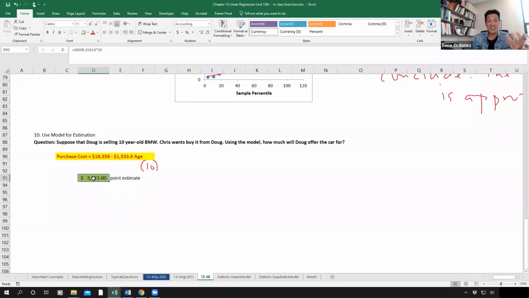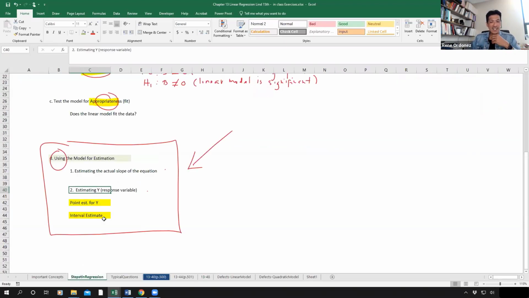All right, so this is called the point estimate. But the true range of value for Doug's car could be lower than 3,000 or higher than 3,000 because there are other variables that we're not considering here, right? Like maybe his car has some features that would add value to the car. So the other way of estimating the value of y is using what we call the interval estimate.